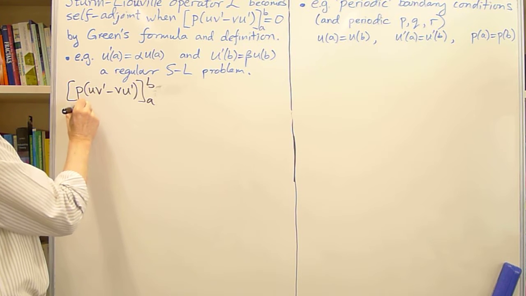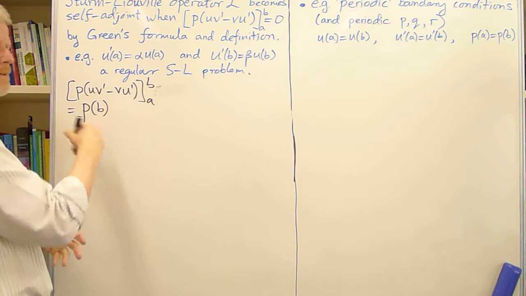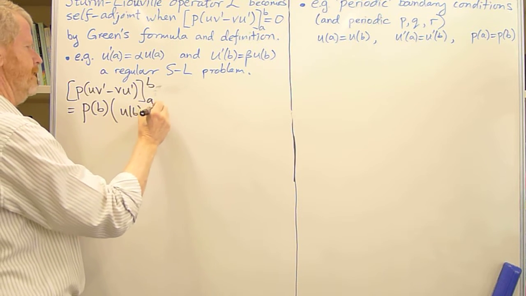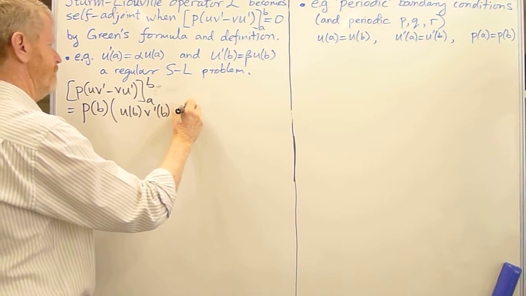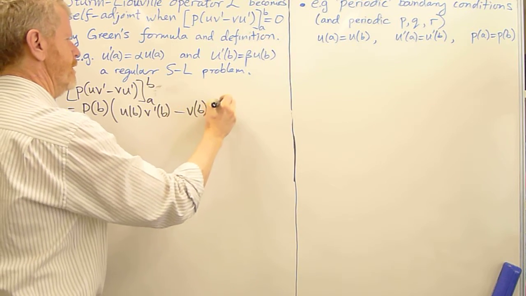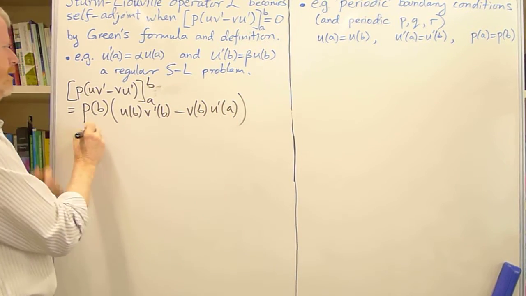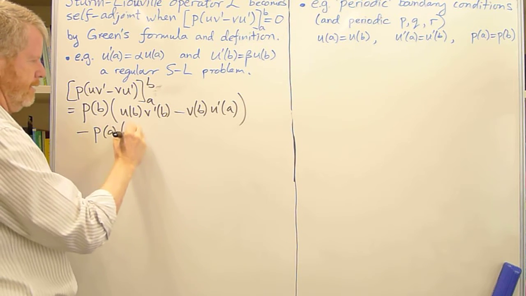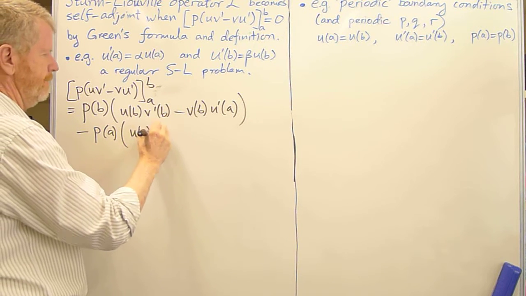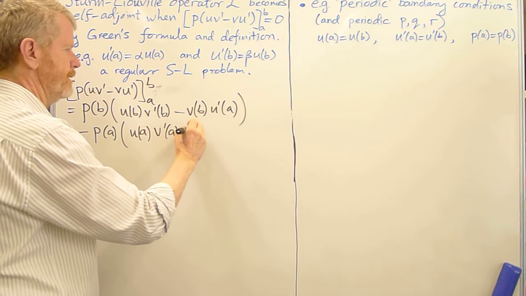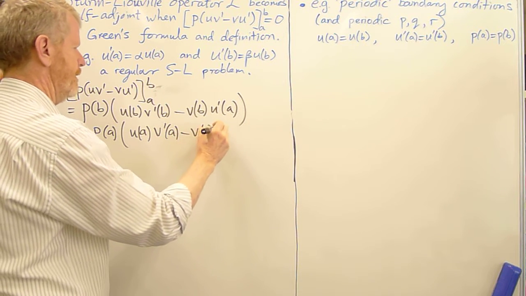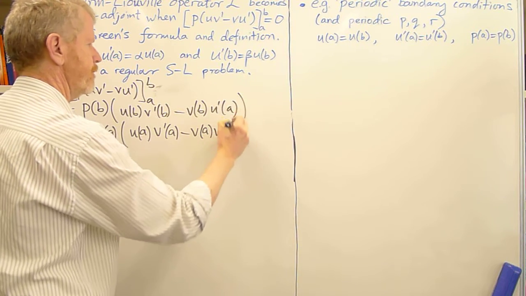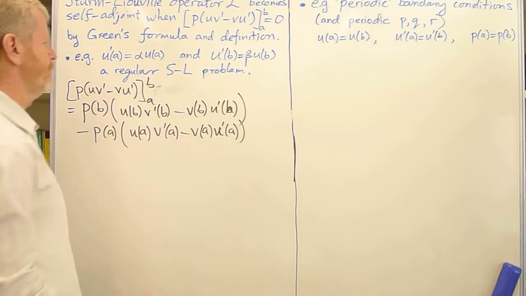Well, this is P of B expanding it out into u of B, v dash of B minus v of B, u dash of B. Then minus this evaluated at A, so minus P of A, u of A, v dash of A, minus v of A, u dash of A.